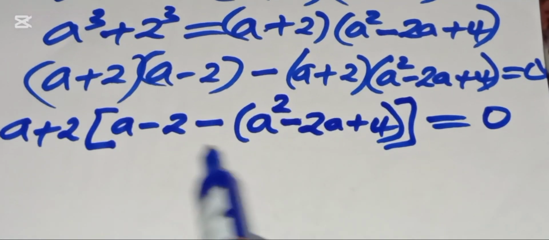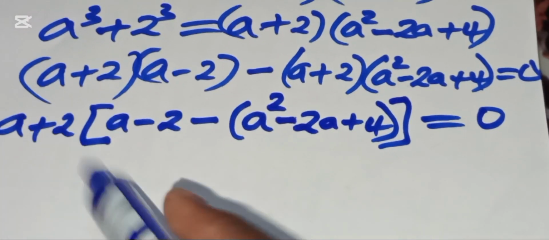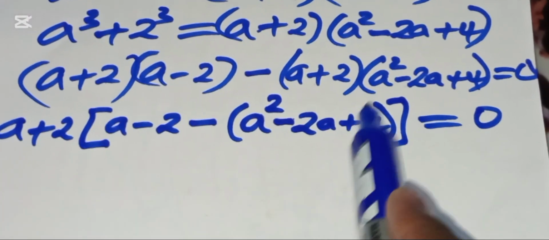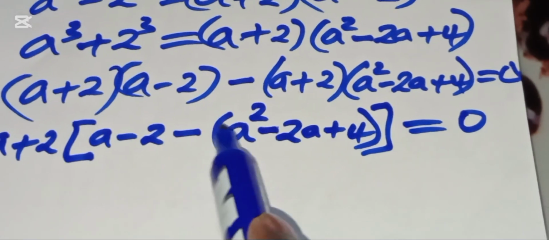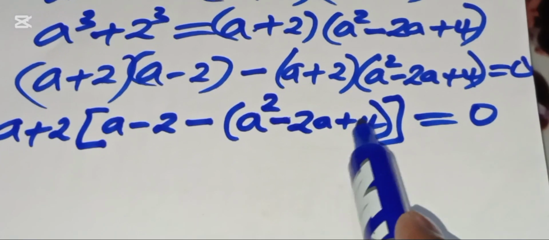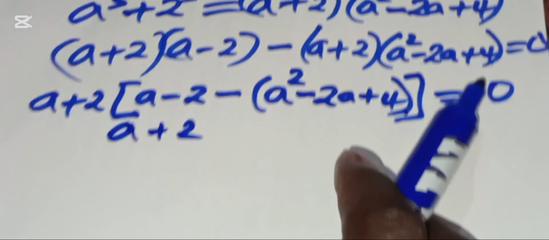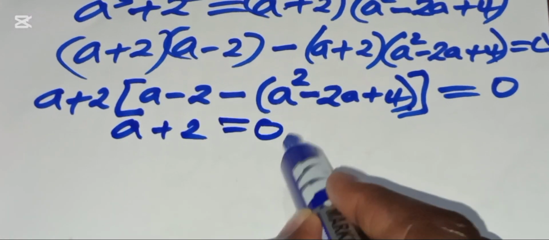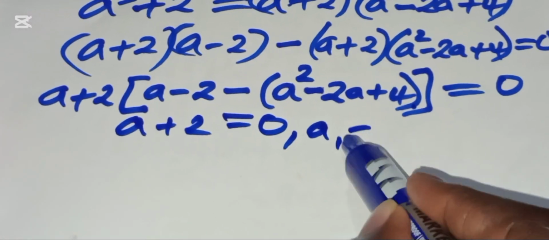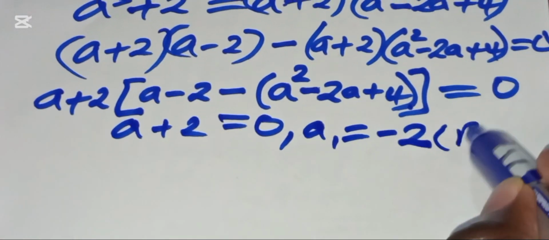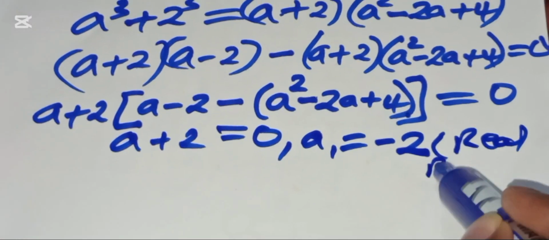Now we have two parts here: a plus 2, and in the parentheses a minus 2 subtract a squared minus 2a plus 4. The first part, a plus 2, we can equate to 0, whereby a1 is equal to negative 2. So this is a real root.